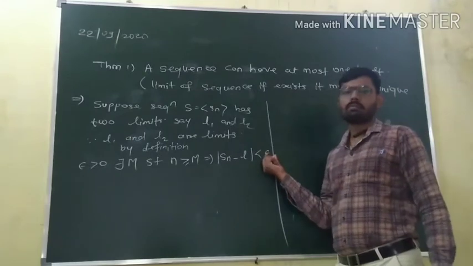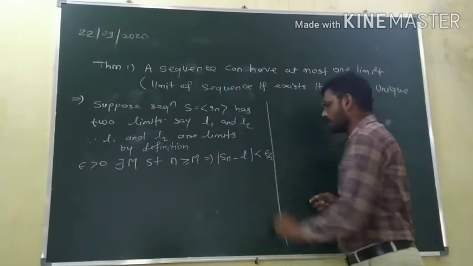When epsilon is a positive number, we can take epsilon by 2 also, epsilon by 3 also.